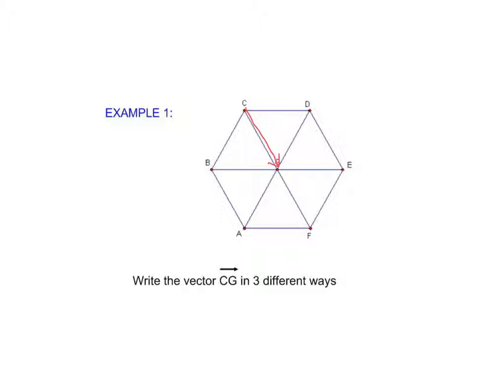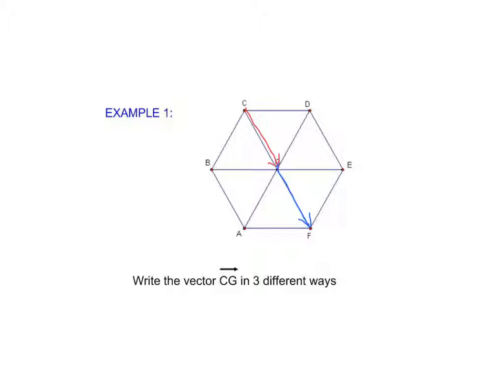We need to find another vector in this diagram that has the same magnitude and the same direction as vector CG. The obvious choice here is to look at vector GF. If we travel from G to F, then we've just created a vector that is identical to vector CG.